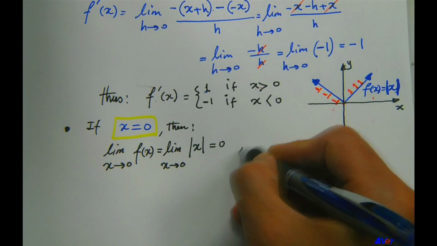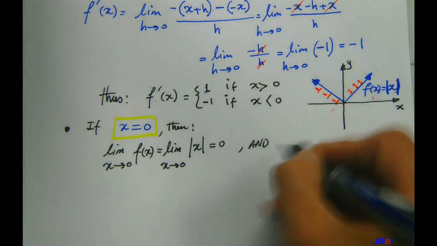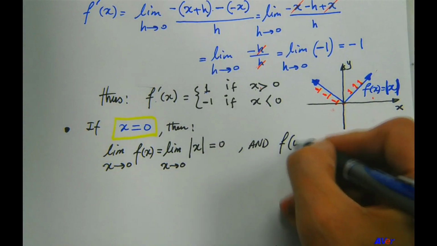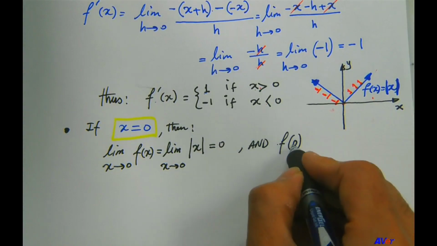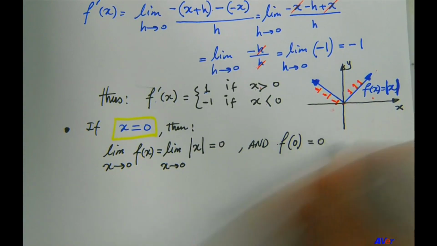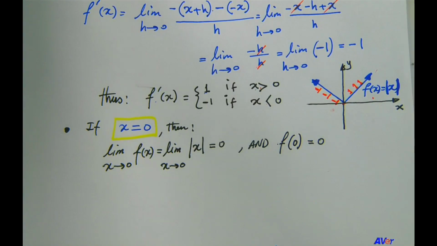Also, the value of the absolute value function at 0 is 0. So what did we say when we talked about continuity of functions earlier in chapter 1?